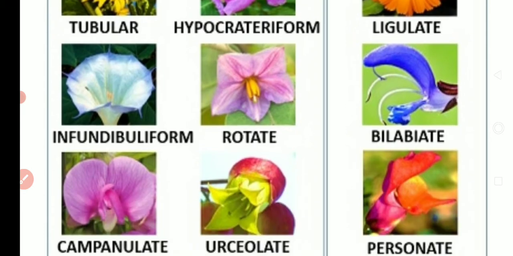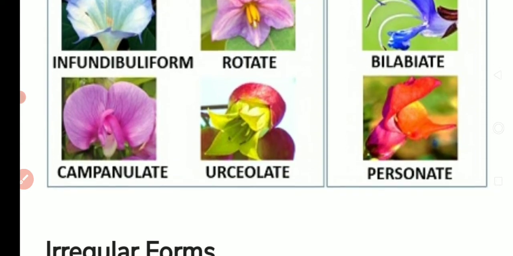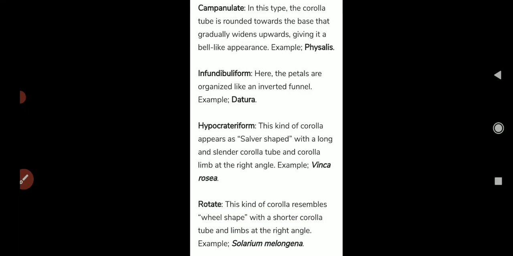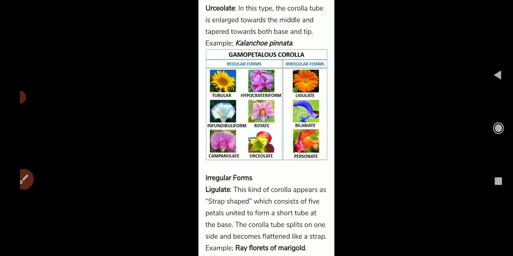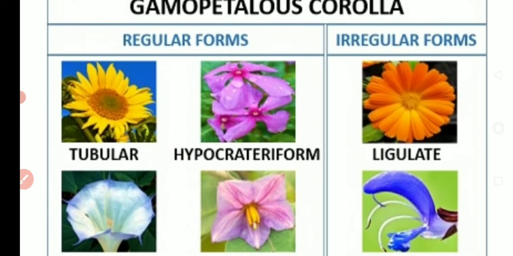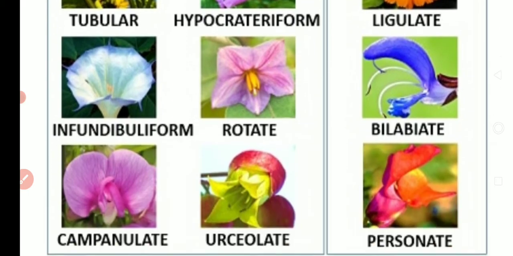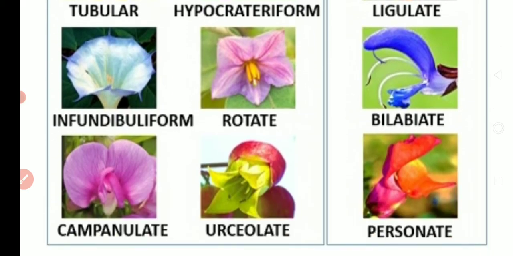Then your infundibulum is your funnel, right? Rotate is like a wheel. Then urceolate is like an urn, and then campanulate, I forgot, bell shape appearance, okay.